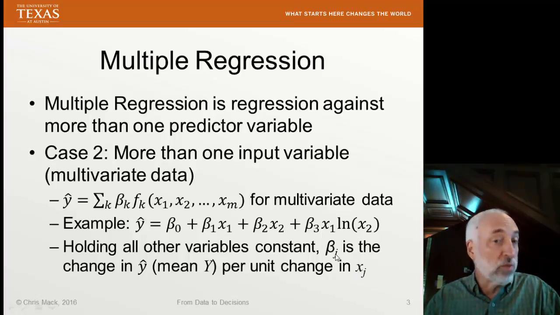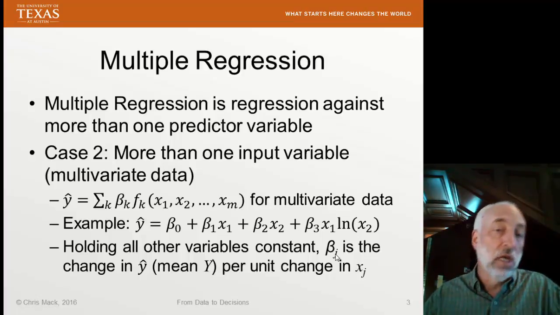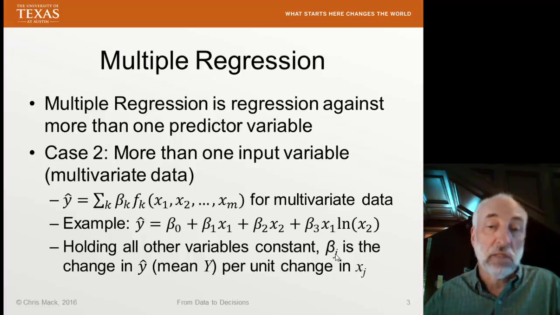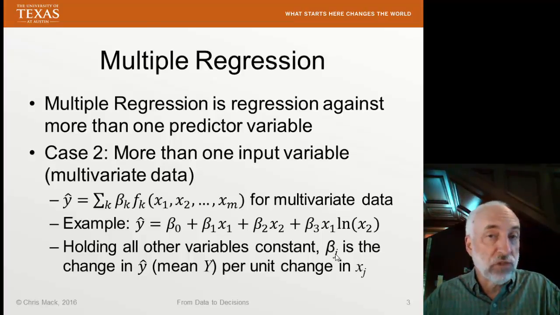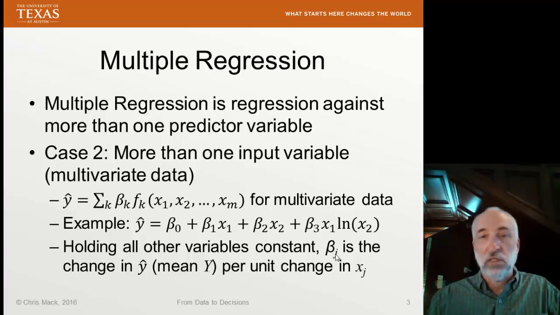It's the change in our predicted y, or the mean value of y, per unit change in xj, all other variables being held constant. So it's good to keep that interpretation in mind as we go through various multiple regression exercises.